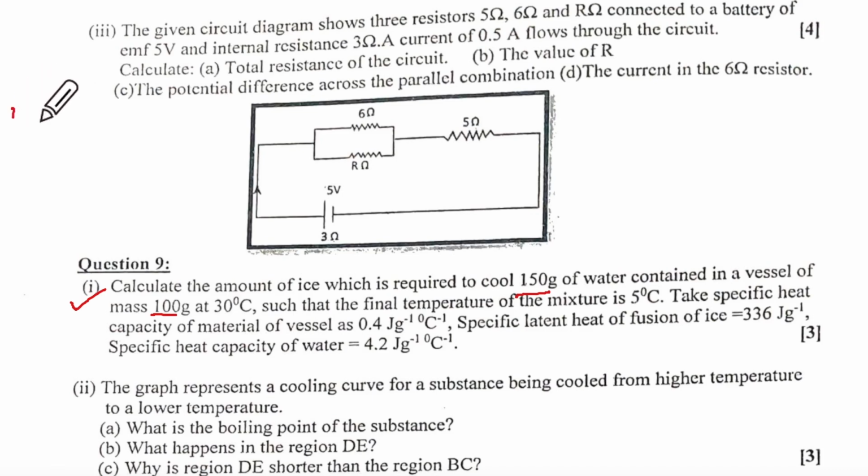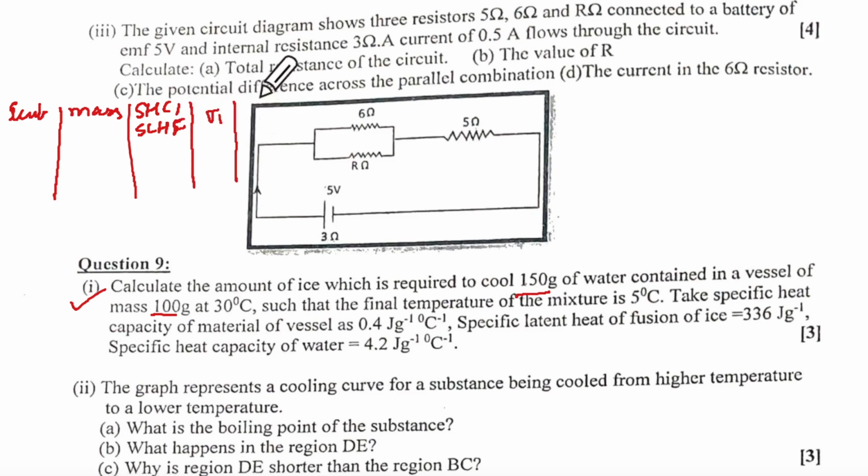So you are going to make the columns, always make the column: substance, mass, and then SHC and SLHF, and then we have T1, then T2, and then delta T. We have ice.